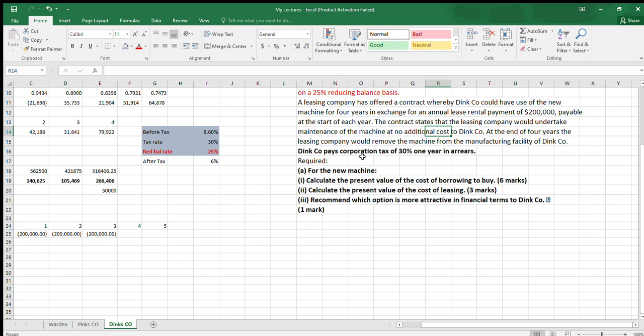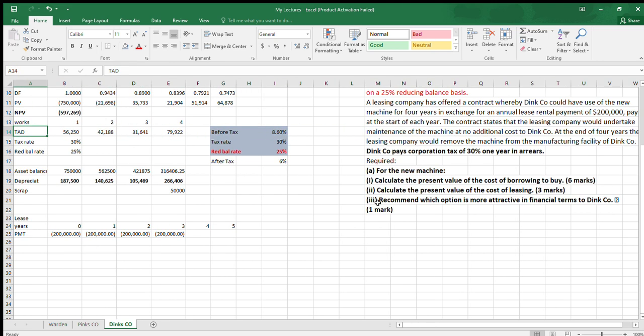Dinks pays corporation tax of 30% 1 year in arrears. So we have to also allow the lease payment for tax. The reason why we are allowing it for tax is because we don't pay tax when we borrow or we lease. And the tax rate is 30%, which is payable 1 year in arrears. So in year 1, they are going to pay it in year 2.